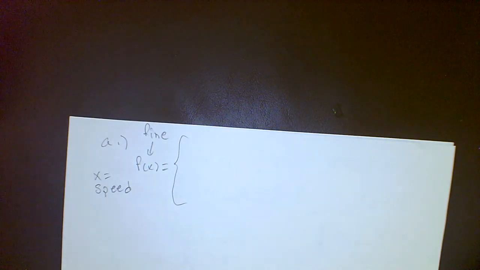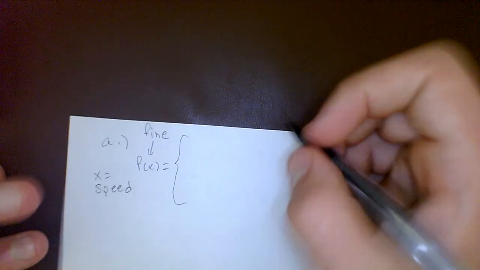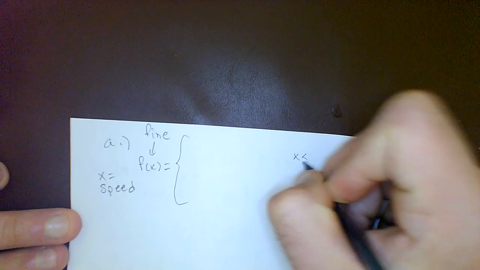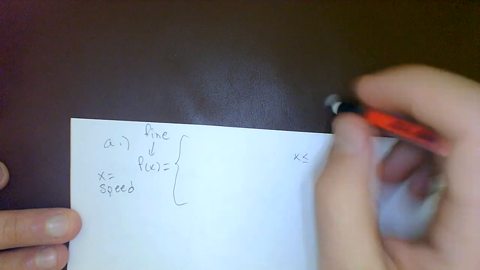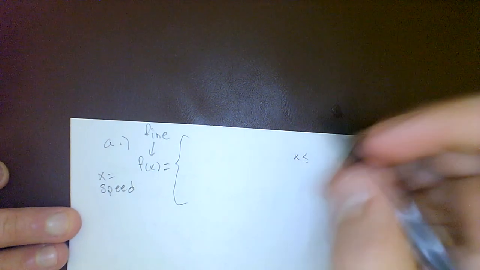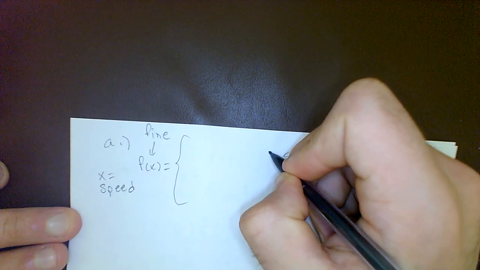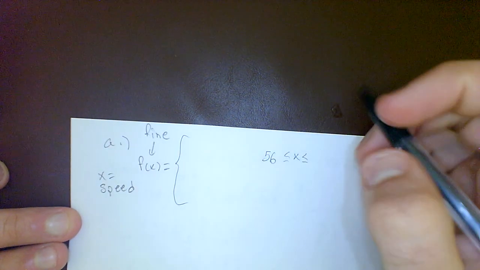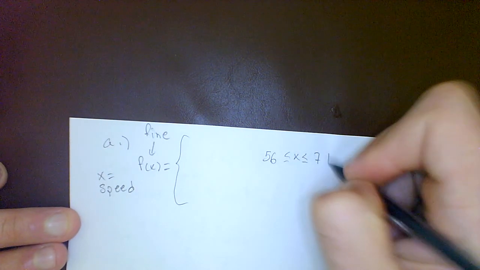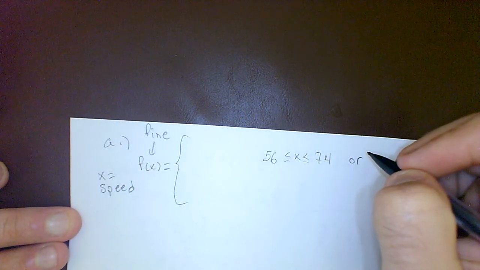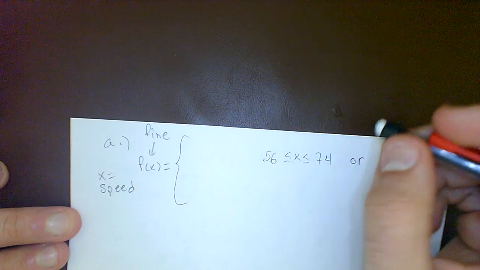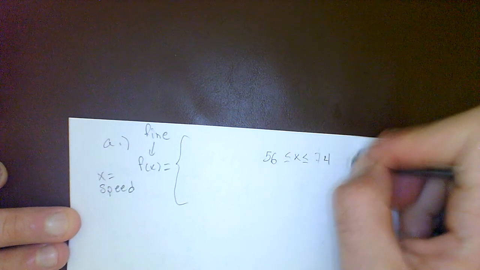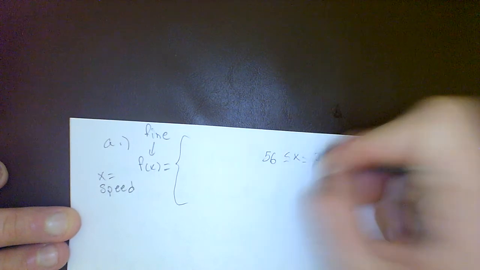Okay, so if I'm in that first interval, x is less than or equal to 74 but greater than or equal to 56. Or, the best way to define it is actually to go up to 75.